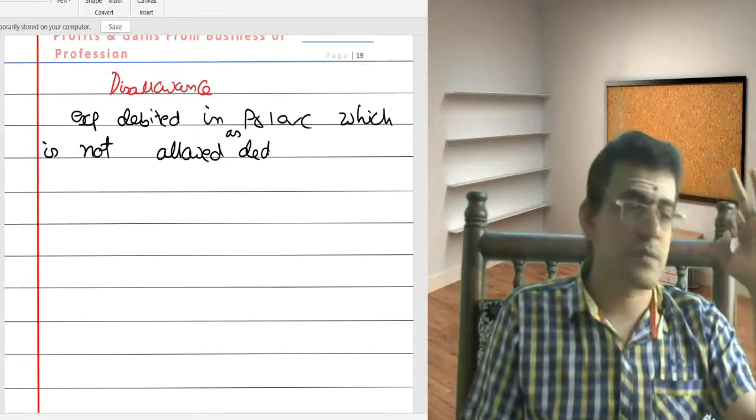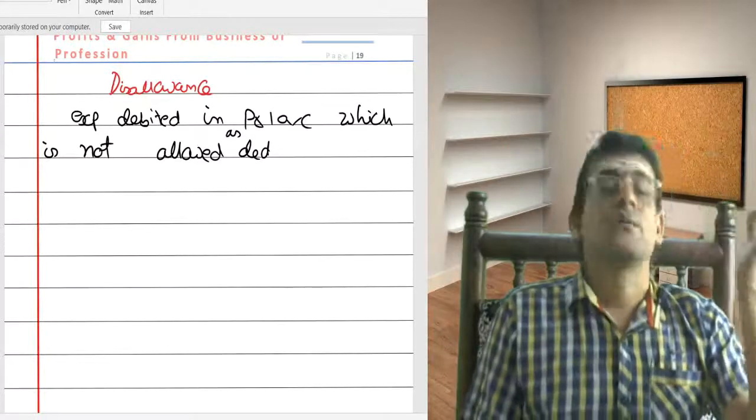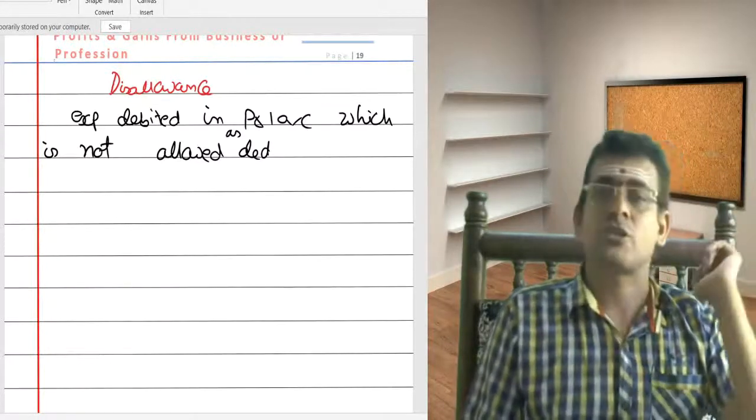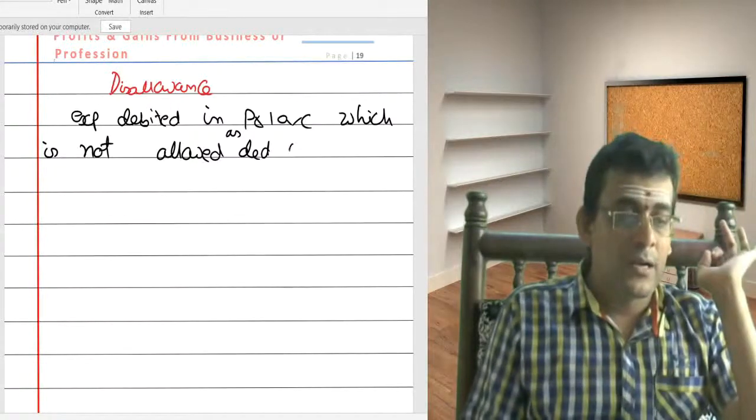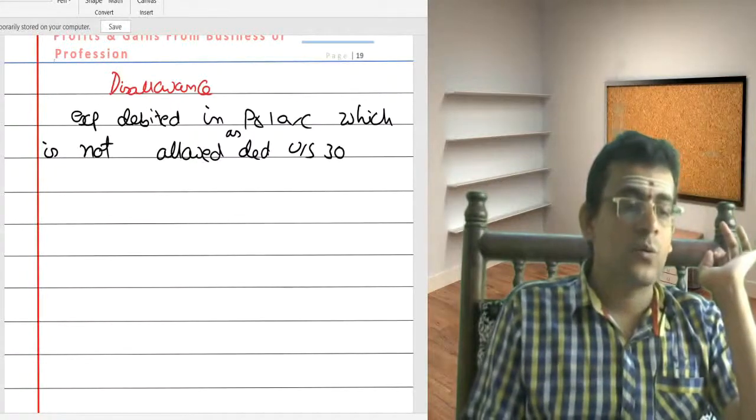Any sort of expenses debited in the profit and loss account which is not allowed as deduction under section 30 to 37.